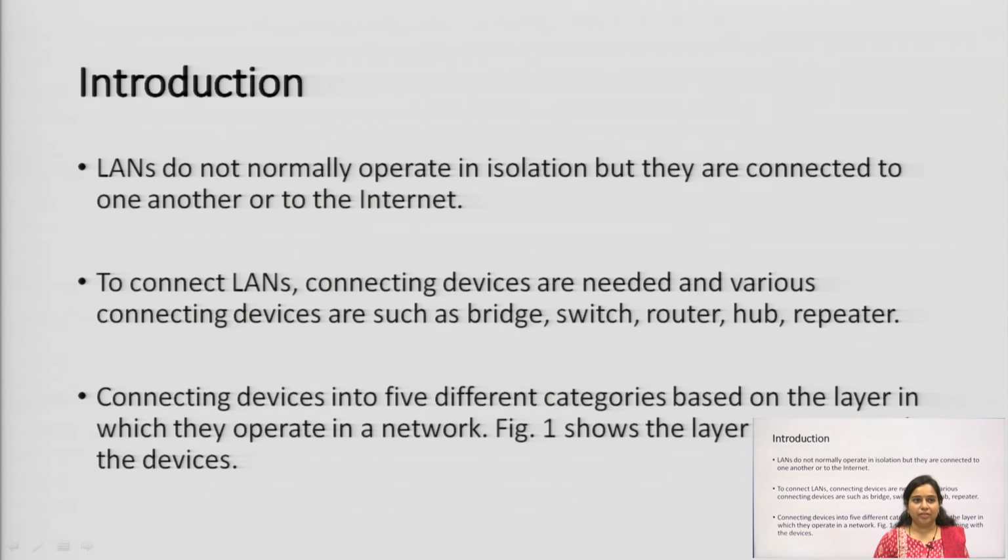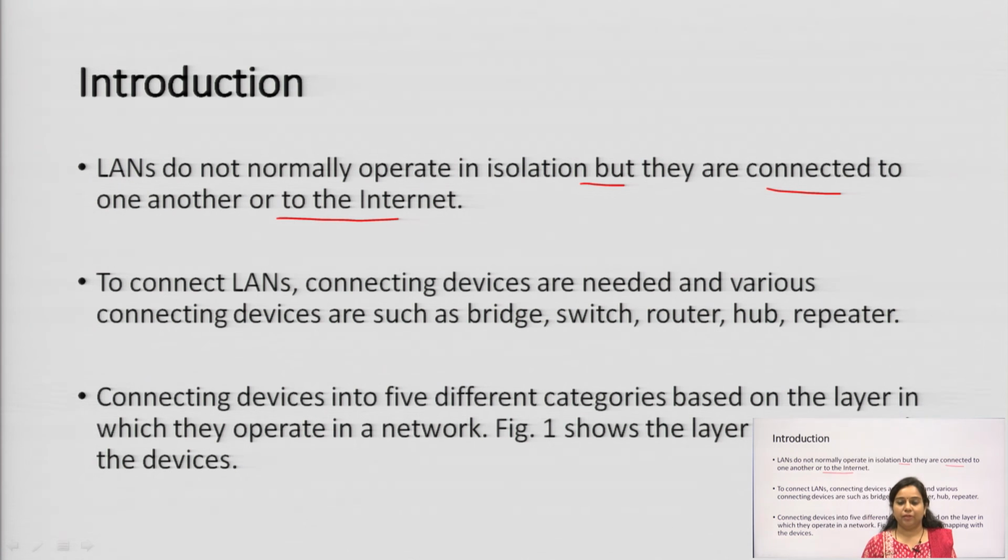So, the introduction is: LANs do not normally operate in isolation, but they are connected to one another or to the internet. So, what is a LAN? LAN is a local area network that is basically set up in a very small area, like in an office. A LAN is set up and it has to be connected to the internet definitely, because a LAN is set up for transferring files for office purposes, and that requires it to be connected to the internet.